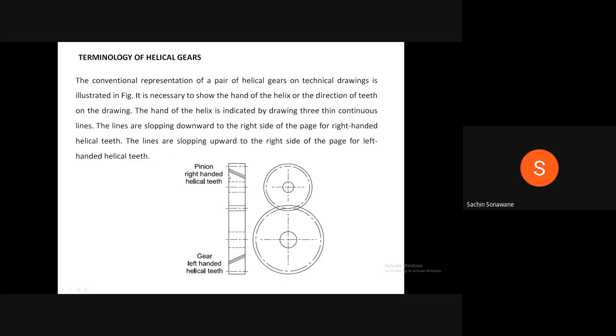Means you just see, if the sloping lines slope downward towards the right side, then it is known as a right-handed helical gear. And if the sloping lines slope upwards towards the right side, then it is known as a left-handed helical gear.